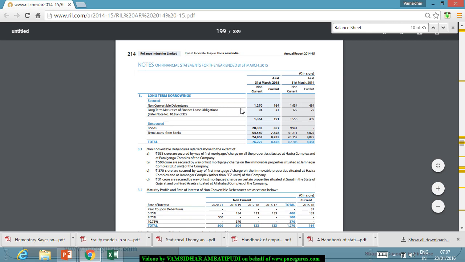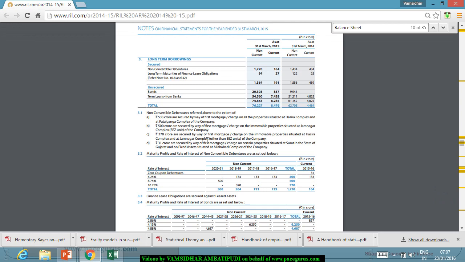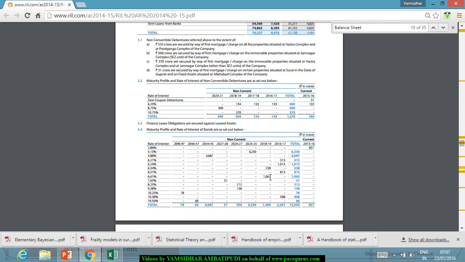Okay, non-convertible debentures, this is the current portion. Now, we don't have a time period for which the bond is applicable. Okay, we have some kind of schedule, maturity and rate of interest for the different kinds of bonds.